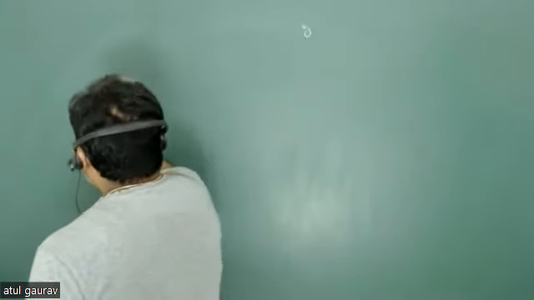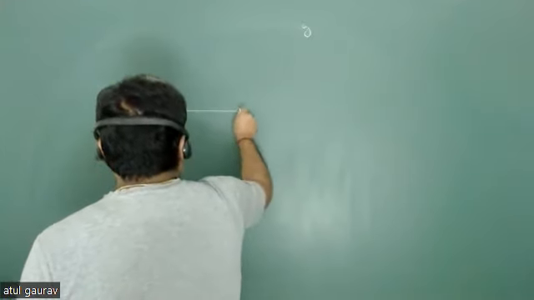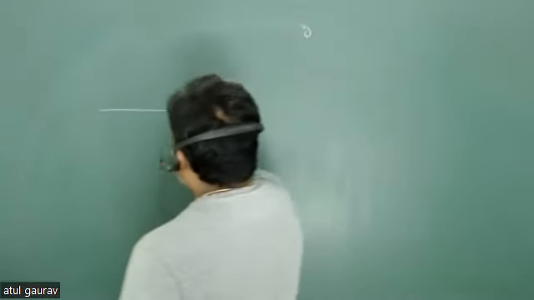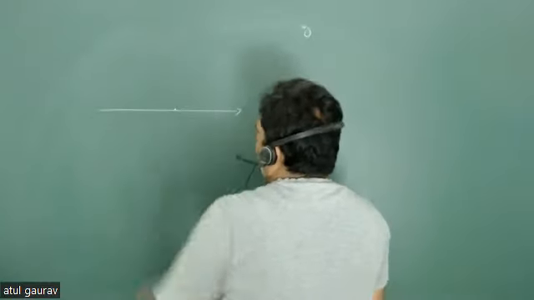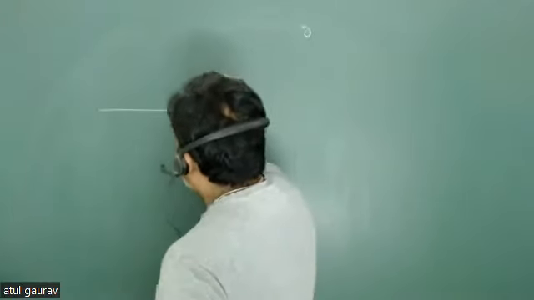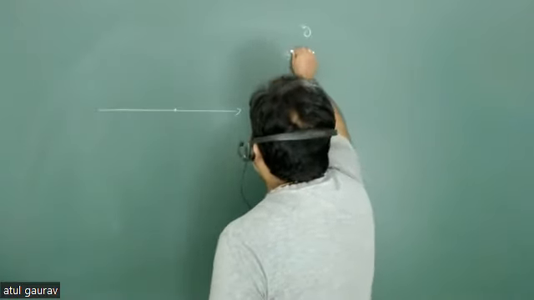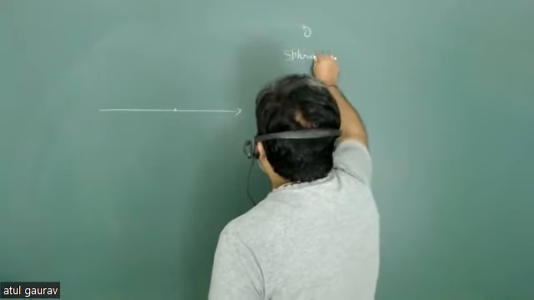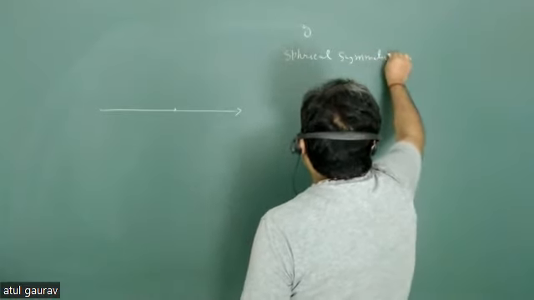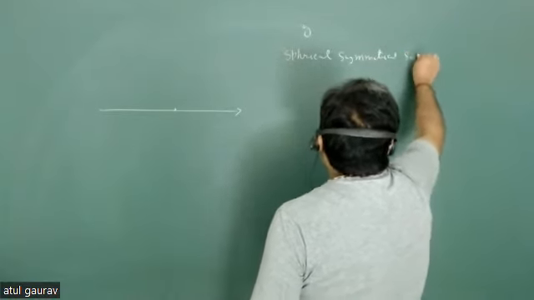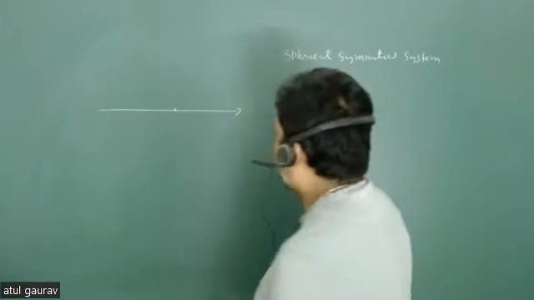So first try to understand the notation. This is our z-axis, and there is a source of force or source of potential. This is some point source, and we are talking about a spherically symmetric system.